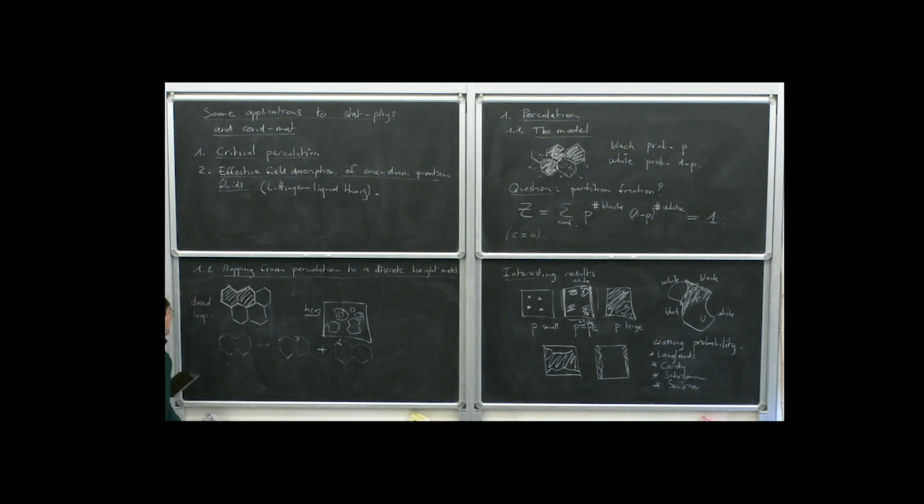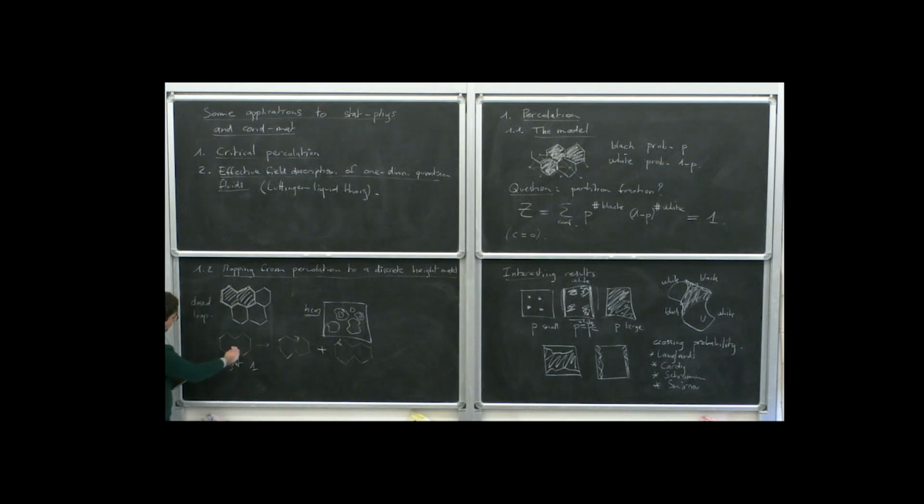Okay, and in the partition function, each closed loop is going to have, so on the percolation side, a weight. All of them are going to have equal weight 1, normalized by the partition function.